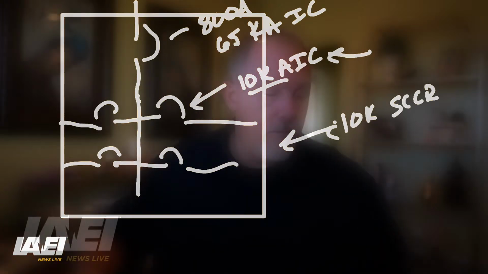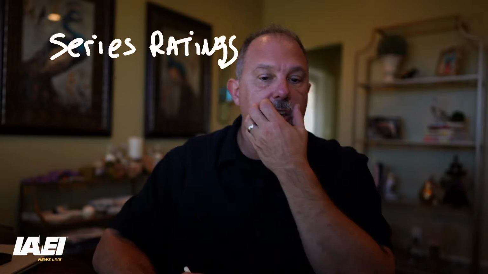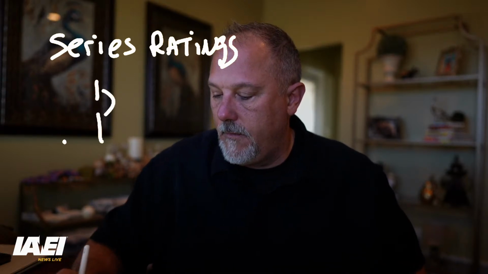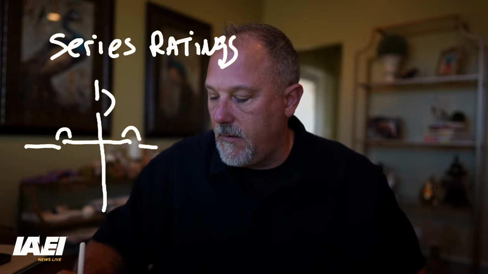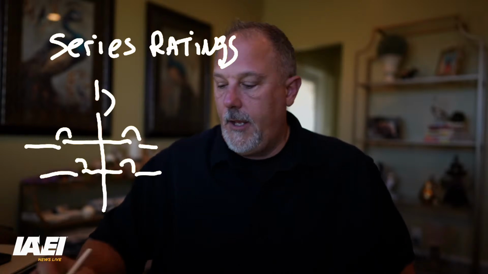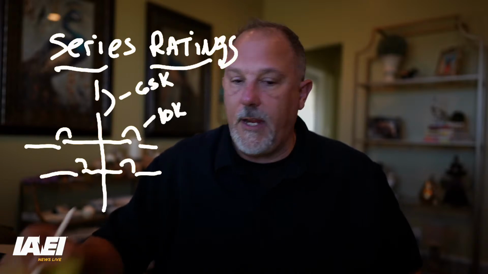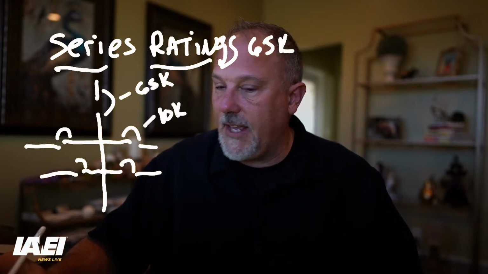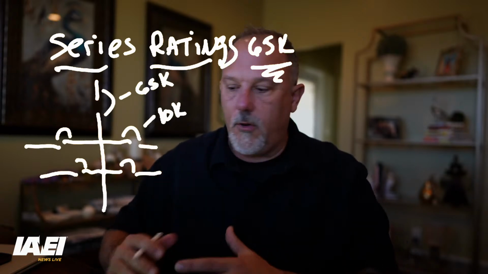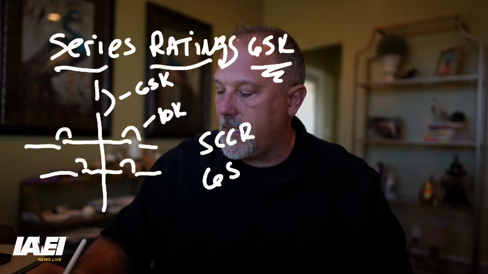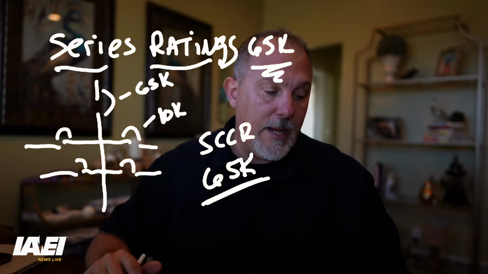Now, if you had what we call series ratings, if you have a series rated system and you had a main breaker, and let's say you had the same deal where you had these other breakers, and let's say that this was 65K and this was 10K, and they were series rated for 65K, then your panel has an SCCR of 65K because of the series ratings.